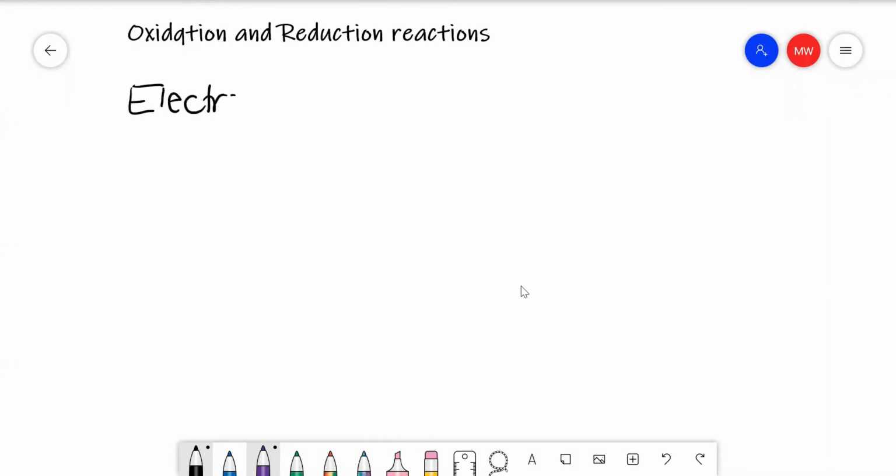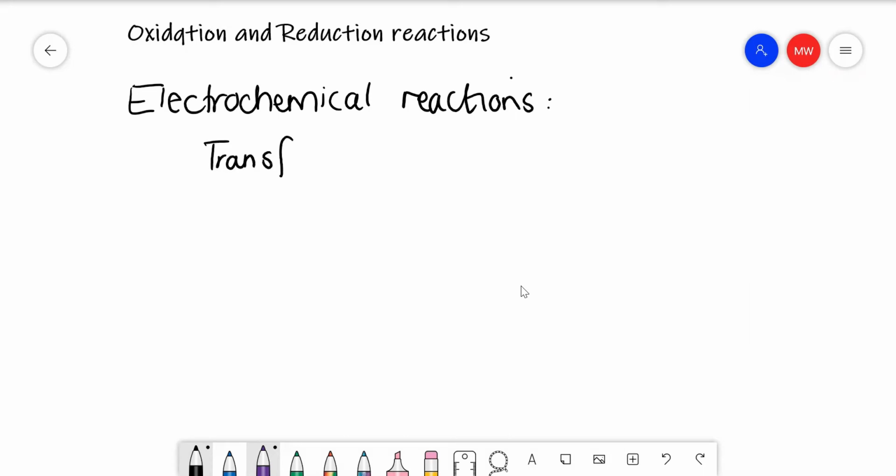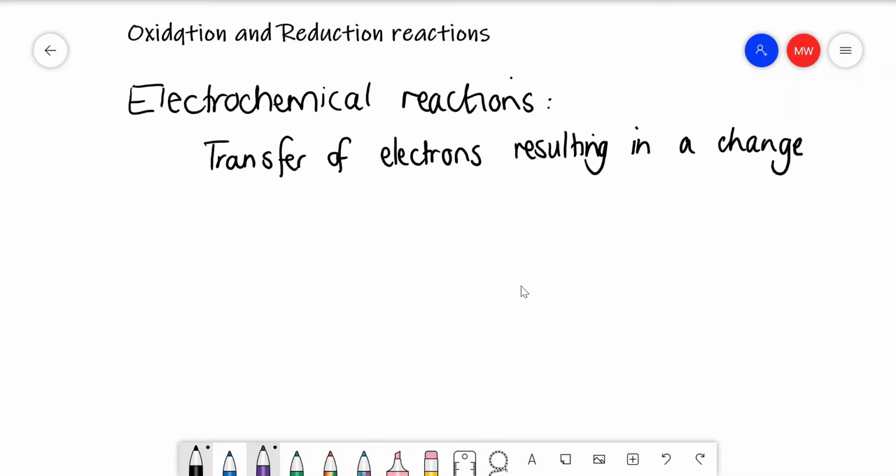So firstly, we're going to look at electrochemical reactions. Basically, an electrochemical reaction is the transfer of electrons resulting in a change in the oxidation state of an element.